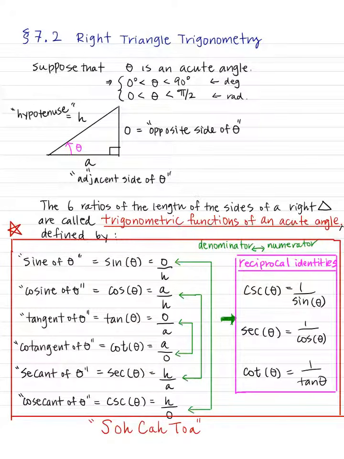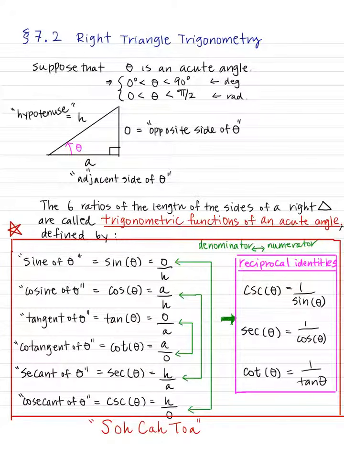Sine of theta, denoted sine parenthesis theta, is opposite over hypotenuse. Cosine of theta is adjacent over hypotenuse. Tangent of theta is opposite over adjacent. Cotangent is 1 over tangent, which is adjacent over opposite.